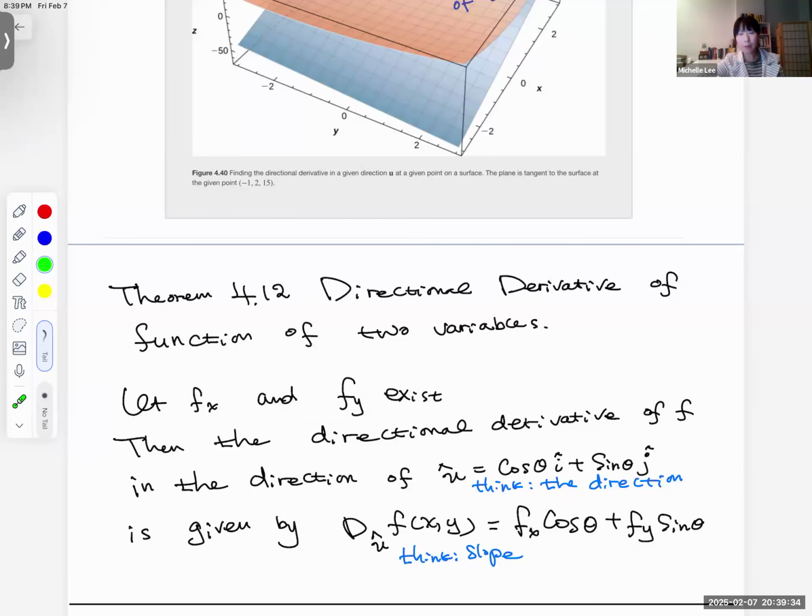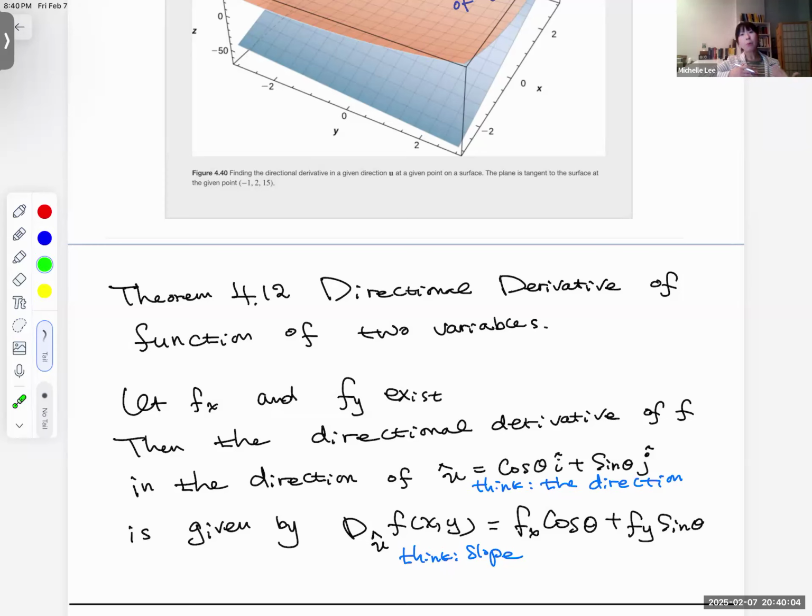Okay, now we have theorem 4.12, directional derivative of a function of two variables. We are using the formula of the limit, right? Every time we talk about the slope of a tangent line, we always express the limit. But the limit is too much work, right? Then we have the formula for the derivative.